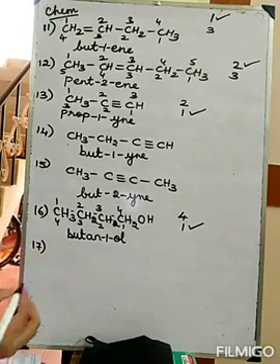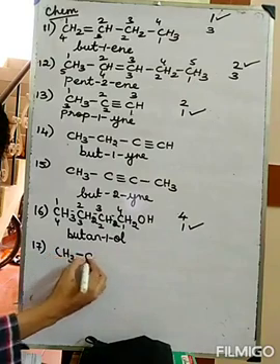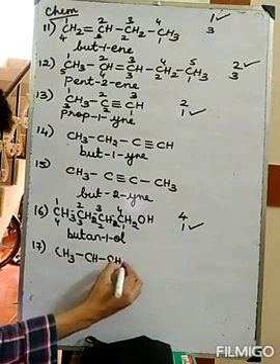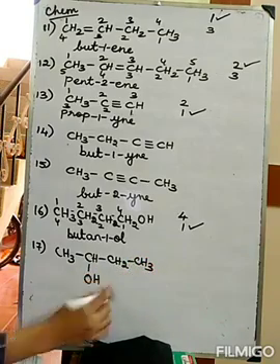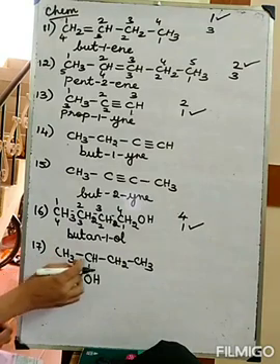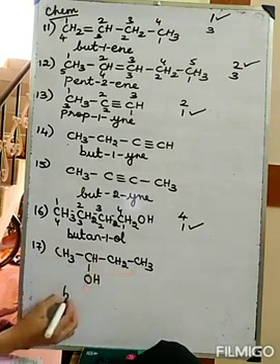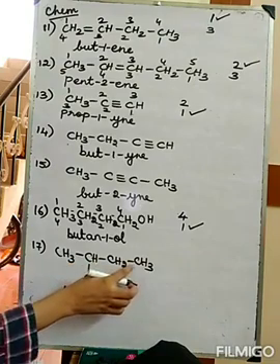So the next one, CH3-CH-CH2-CH3 with OH. What is the name of this compound? 1, 2, 3, 4. 4 carbons means it is but. All are single bonds.